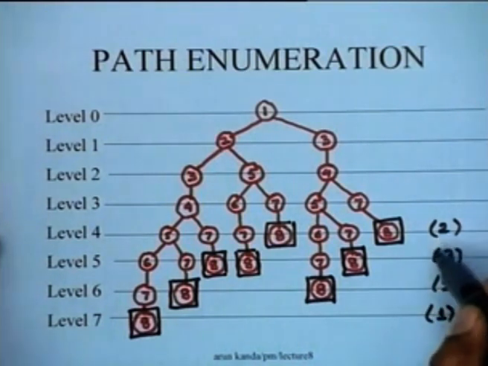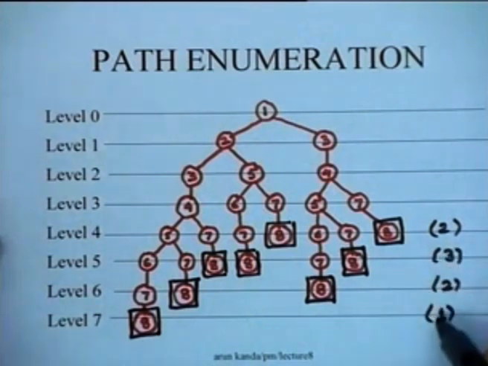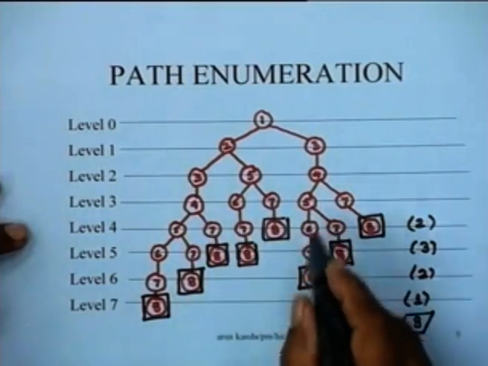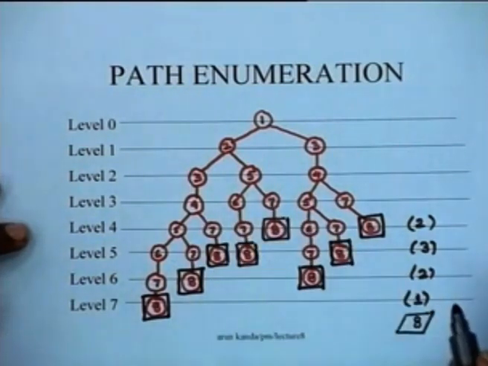So, the total number of paths that has been discovered in this path enumeration exercise has been 3 plus 2 is 5, and 2 is 7, and 1 is 8. So, for this example there are 8 paths from source to sink in the network, and they have all been enumerated here, right. So, this is a systematic tree enumeration algorithm which can be used for enumerating all the paths.